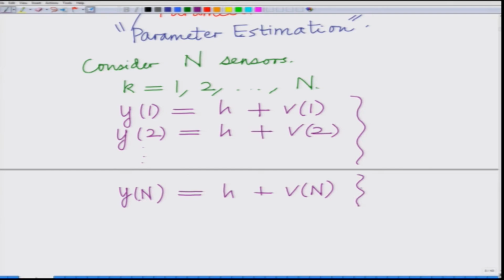So we have n sensors, and naturally n measurements, or more precisely a set of n noisy observations from which we have to estimate this parameter h.